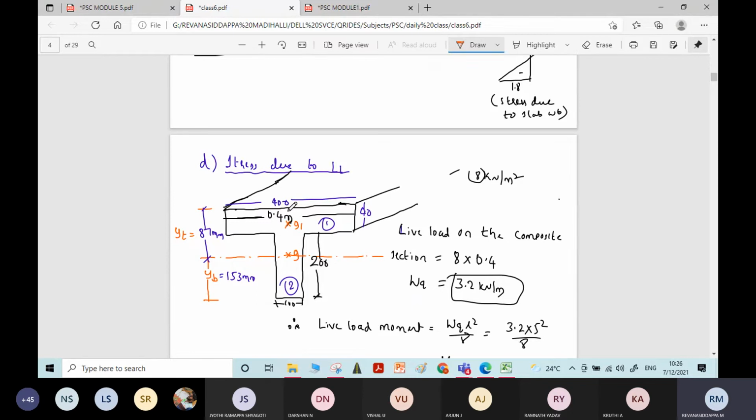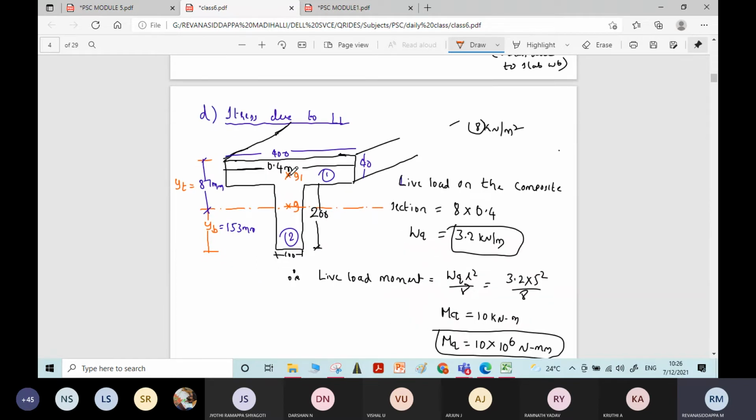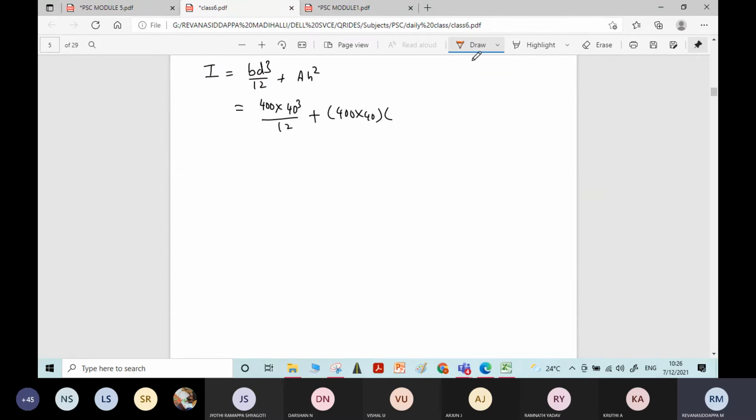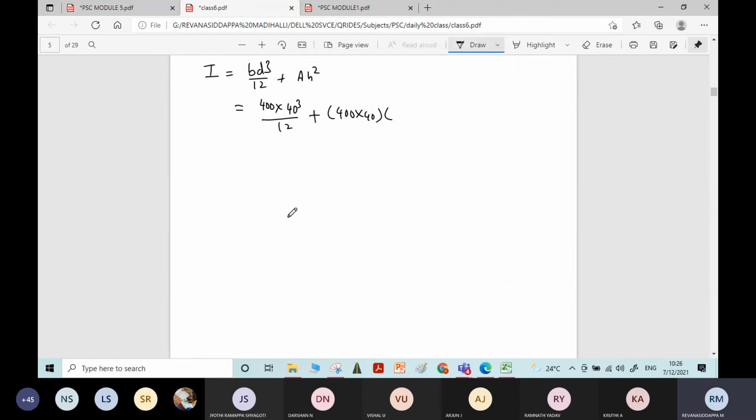From the same top fiber, distance of centroid of rectangle 1 is how much? 20. 87 minus 40 divided by 2, or 87 minus 20, you will get distance between G1 and G, the distance between centroid of rectangle 1 to that of centroid of whole figure. Correct? Same calculation you write here: 87 minus 40 divided by 2 whole square, AH square. For rectangle 1 it is over.